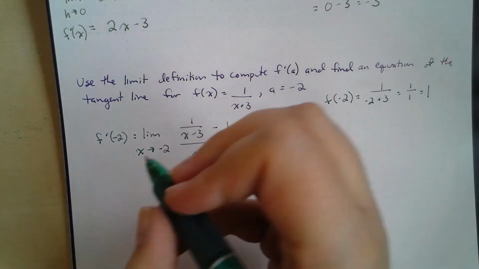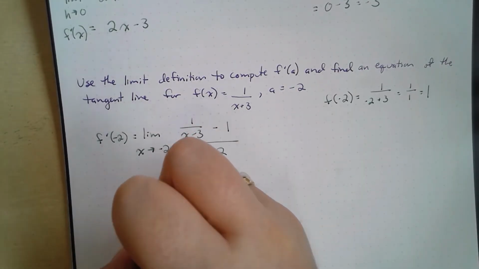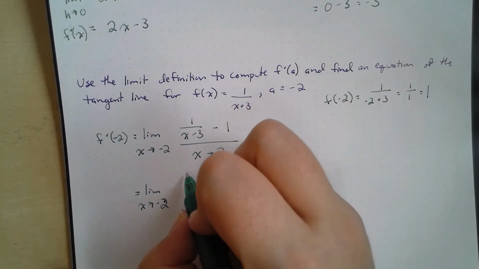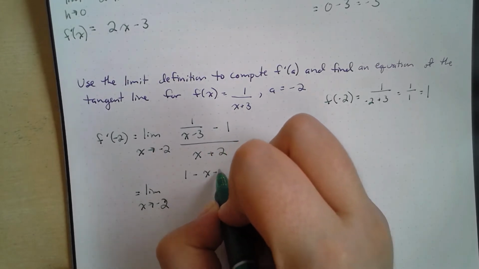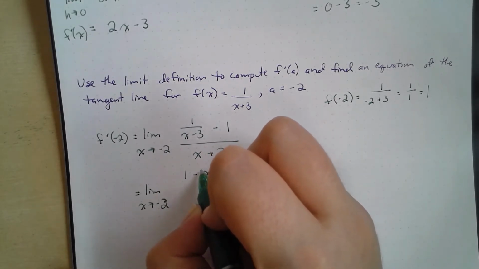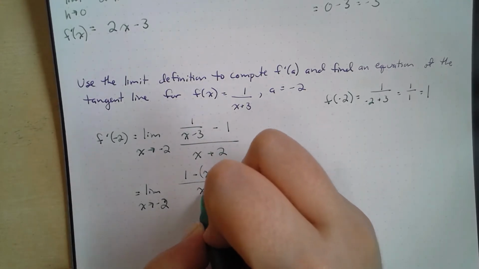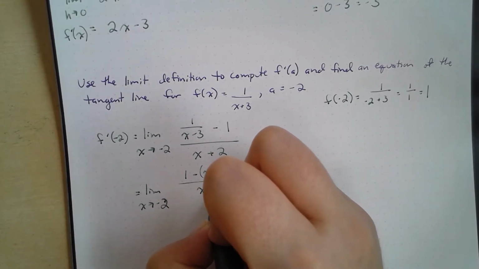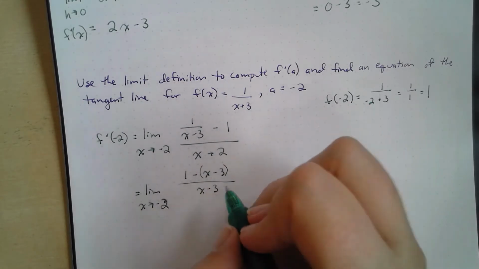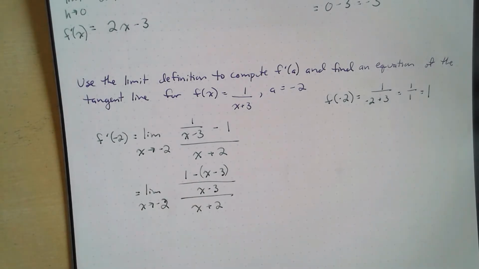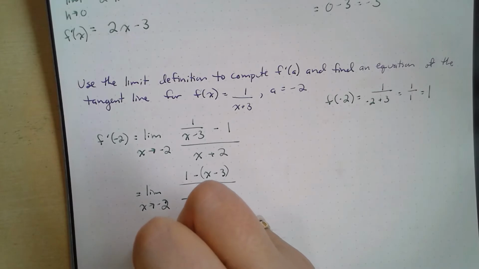Okay? So I'm going to kind of deal with our fractions here. So we're going to have 1 minus x minus 3, over x minus 3, right? Did I do that right? All over x plus 2. I'm going to pause for a second and check my work. Okay, I think it's right. We'll find out if I'm wrong later, and maybe you can correct me in class.